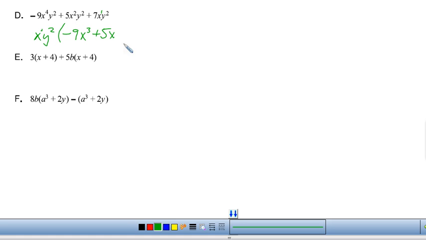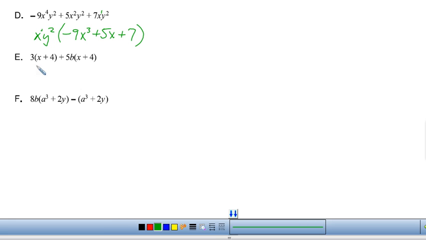Y to the second divided by y to the second cancels. Plus, there is 7 divided by 1 is 7. X to the first divided by x to the first will cancel. Y to the second divided by y to the second is going to cancel. There's the answer.